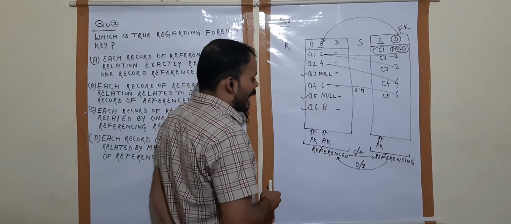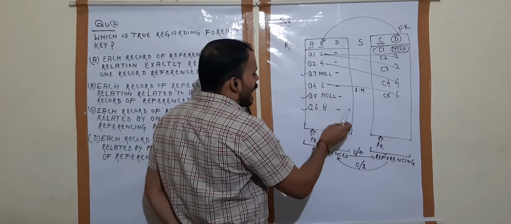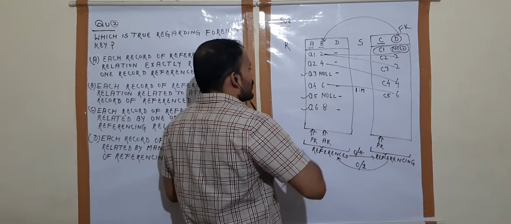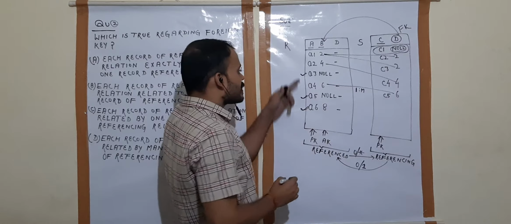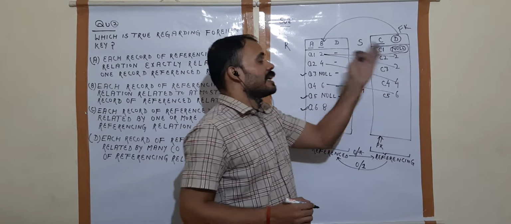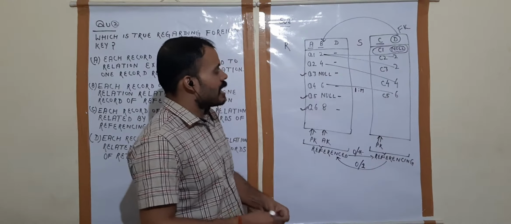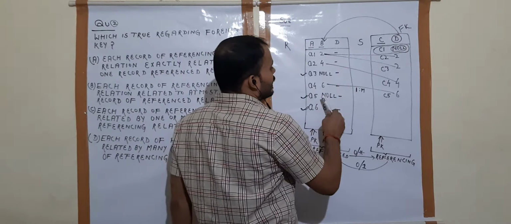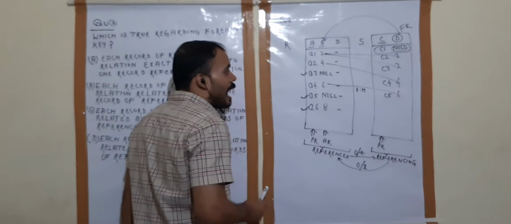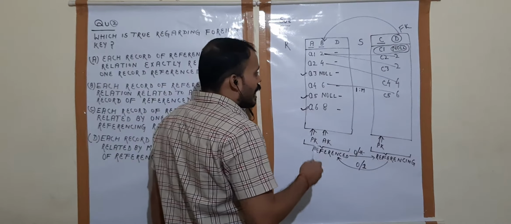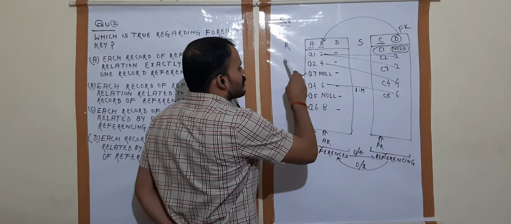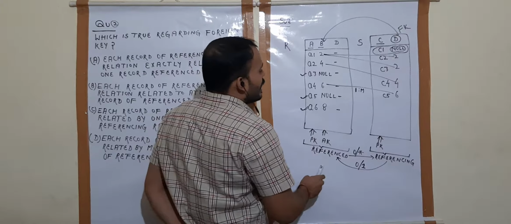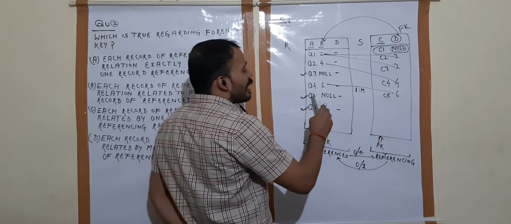See here, this record A3 null, A5 null and A6 null is not related with any record of the referencing relation, and each record of the referenced relation is either not related or related.